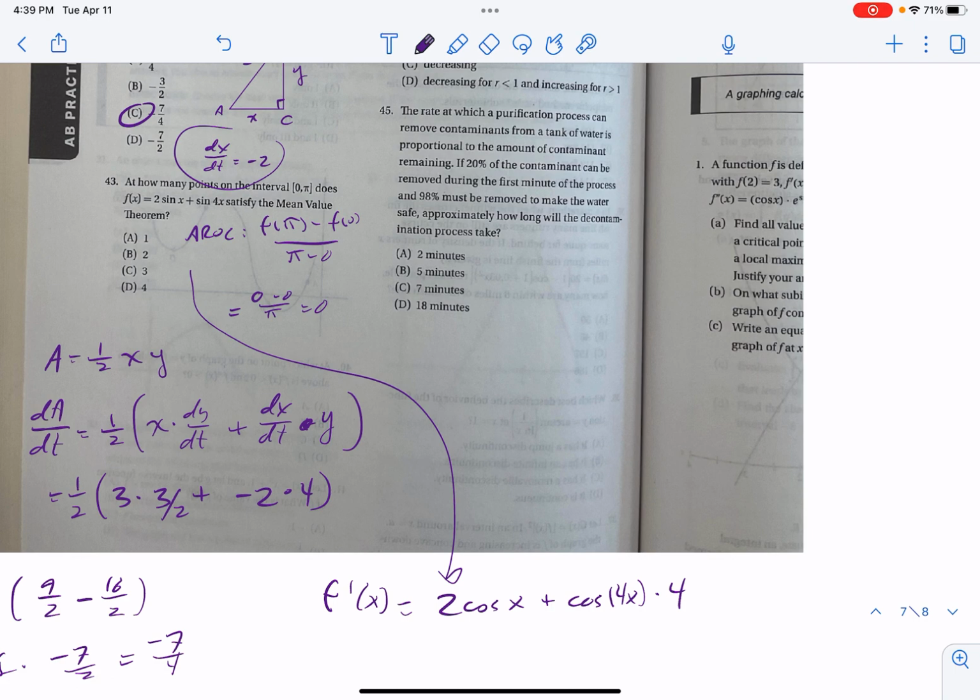And I will graph the derivative. I will just graph y equals cosine of x plus 4 times cosine of 4x. And I'll zoom in to just look between 0 and pi, right? I can actually just change my window settings so that x starts at 0 and ends at pi.